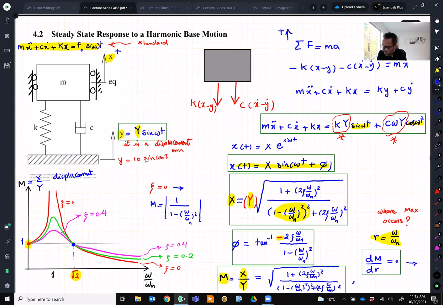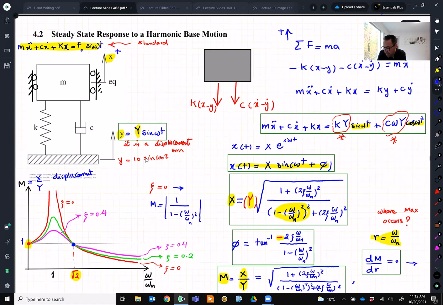Exactly. Thanks, Apple. As Apple mentioned, before root 2, when you have more damping, it's a good thing. If you add damping, you see M is becoming less and less.